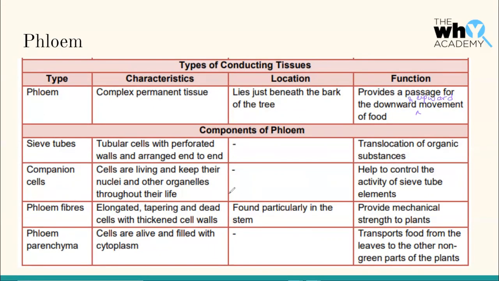Xylem transports water in only one direction, which is usually from down to up. Phloem will be both ways. Good thing you brought it up. Phloem is both upwards and downwards. It is a two-way flow. So definitely it will transport the food to all parts of the plant. Okay, ma'am. Thank you, ma'am. Okay.